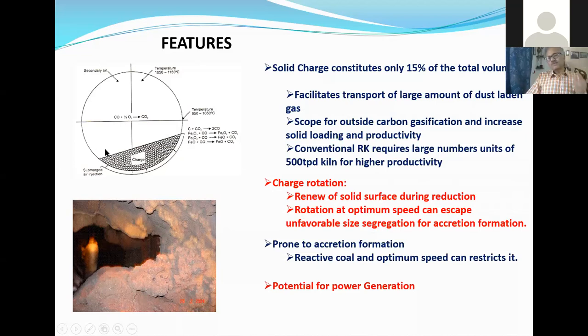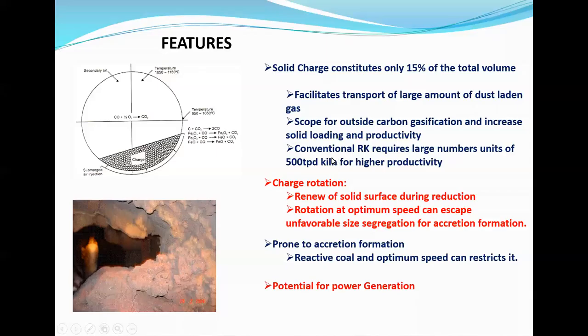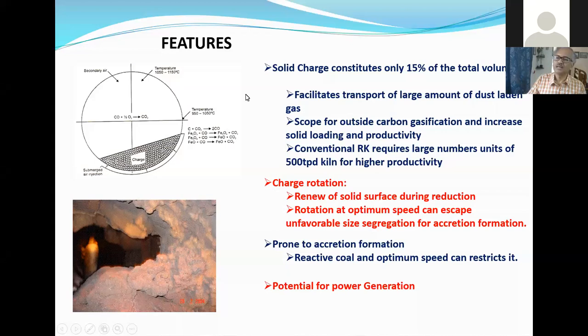It is 500 tons per day, one reactor. So if you want to produce, say, 2,000 tons per day, then if you utilize the waste gas, it can be compensated.